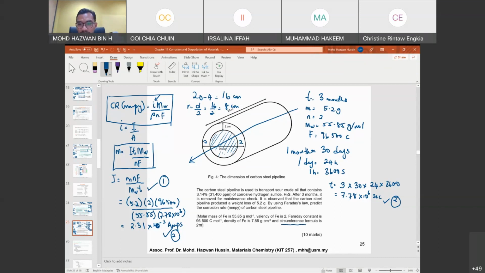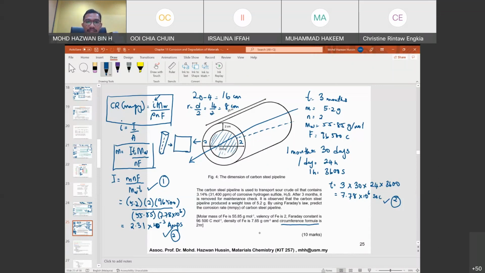You see, I put this circumference. If you assume that I just cut one part of this pipe, and then after that I open it, from a cylindrical pipe it will open as one piece, right?